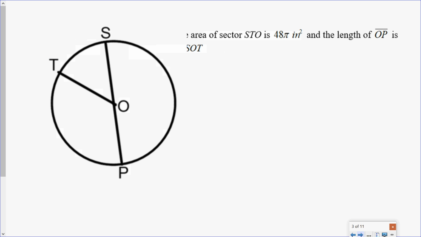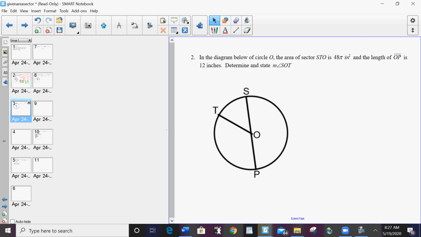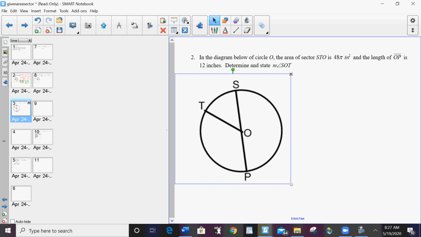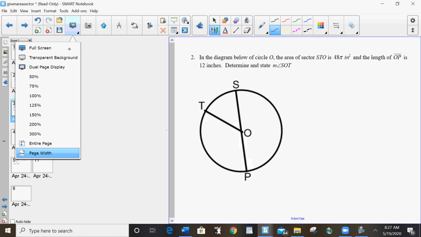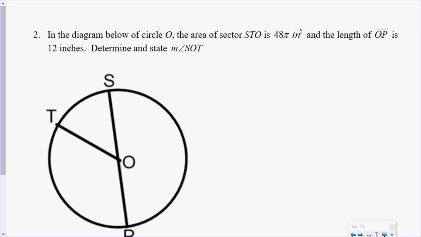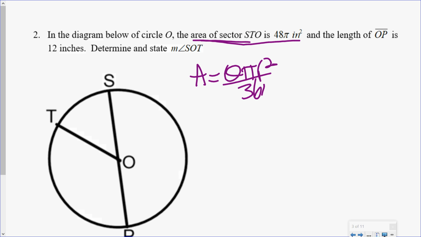Number 2. In the circle below, the area of sector STO is 48 pi. Area of a sector, theta pi r squared over 360.